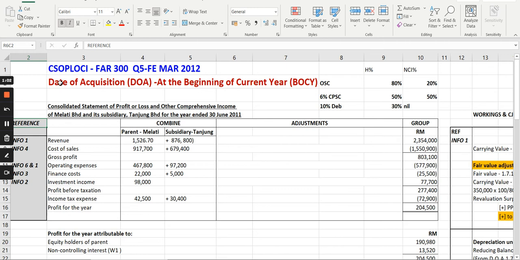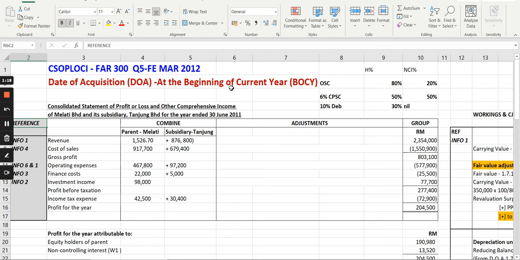So our preparation is based on the date of acquisition, where the subsidiary Tanjung here is being acquired at the beginning of the current year, where the acquisition period is exactly 1 year.